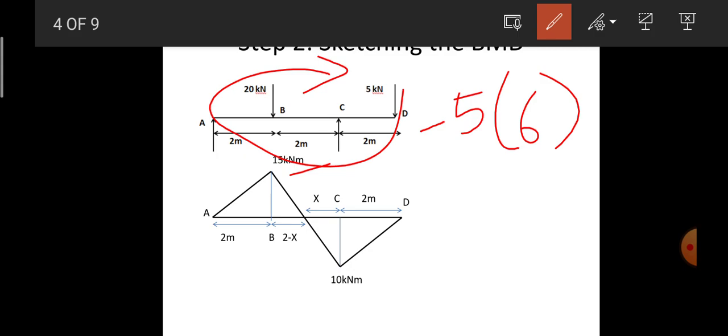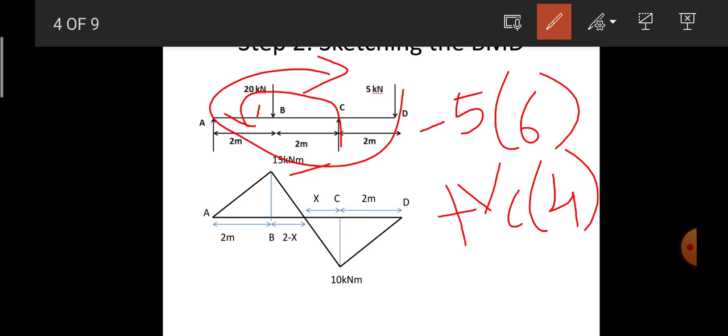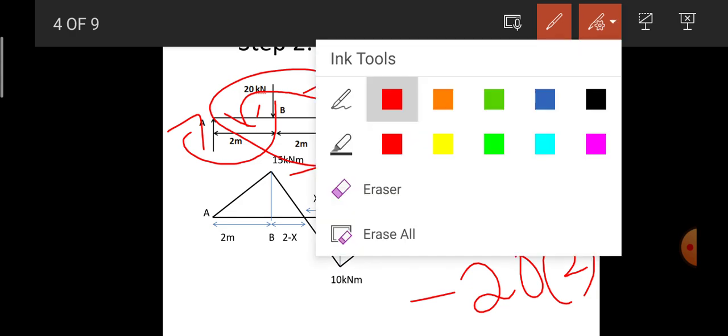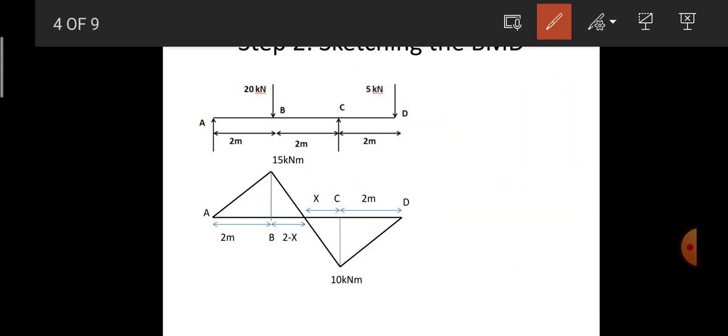Next is VC into 4, which is anti-clockwise, hence positive. Next is 20 into 2, again clockwise, hence negative. If I substitute and simplify all this, I get the value as 0.